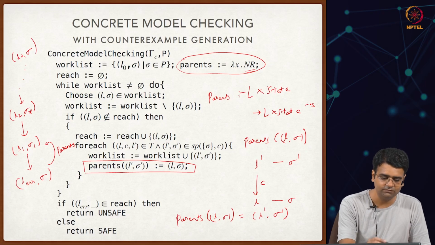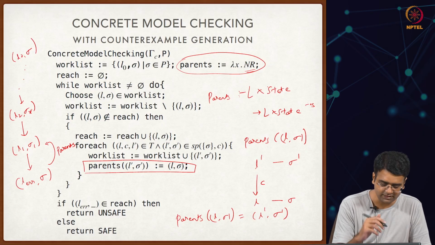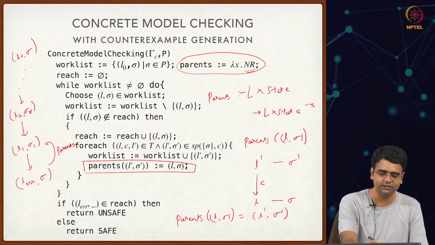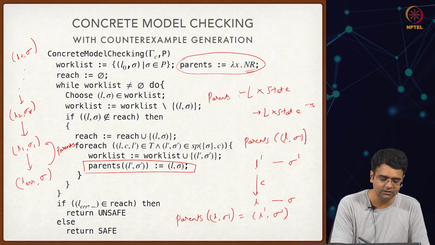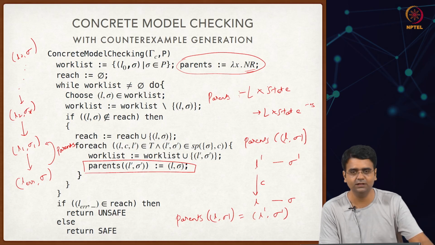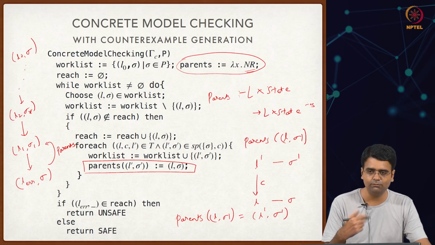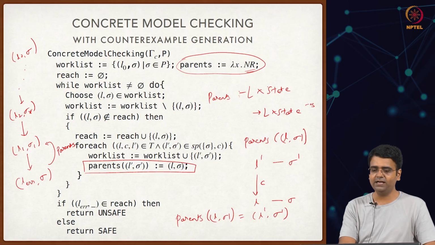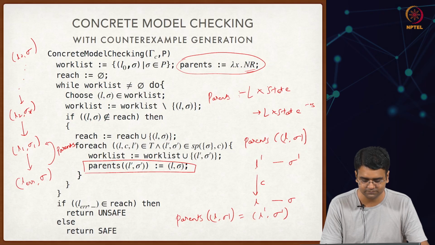So by consulting this parents map, you can construct this path, which is nothing but an actual execution of the program, beginning at the start location L0 and ending at the error location L error, which is nothing but the counter example. So this whole thing is the counter example. This is the actual bug that is present in the program. Okay. So this is how you can find bugs using concrete model checking.